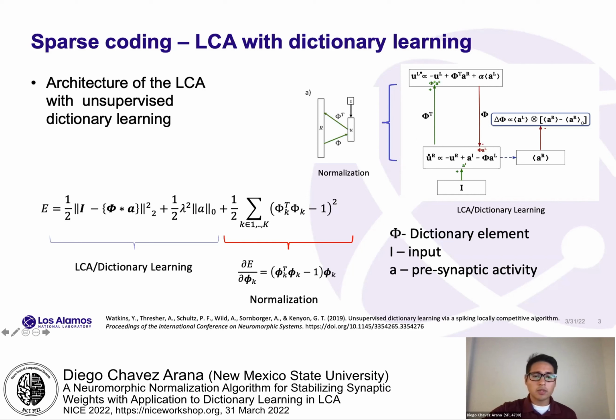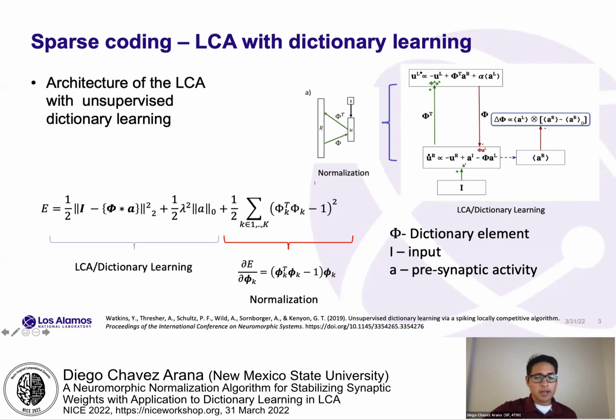The boxes represent neuronal populations, and the information interchange between them is denoted by the arrows. Also, the equations inside the boxes represent the pre- and post-synaptic activities of the neurons.